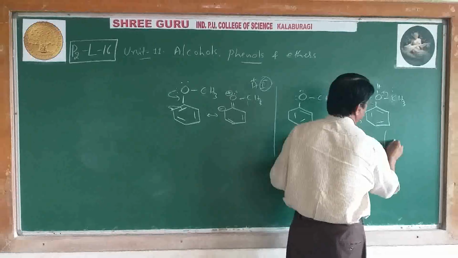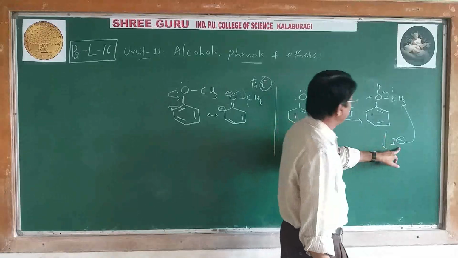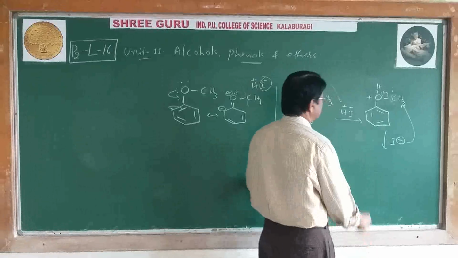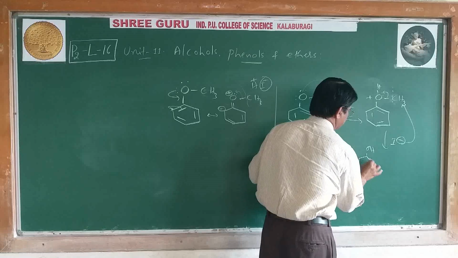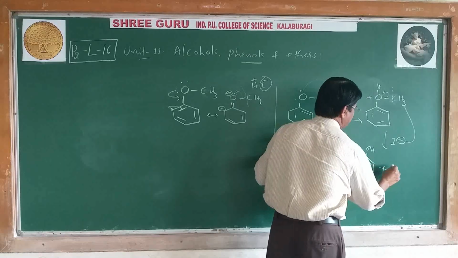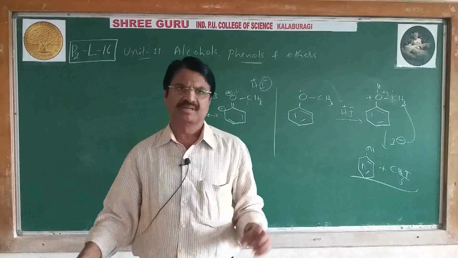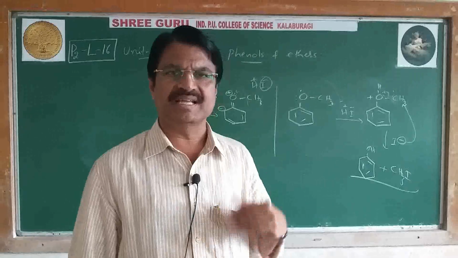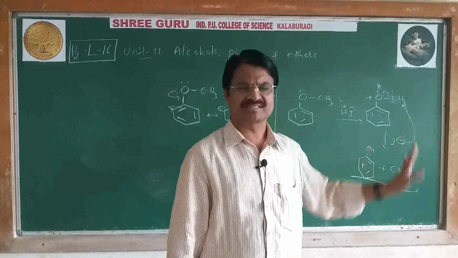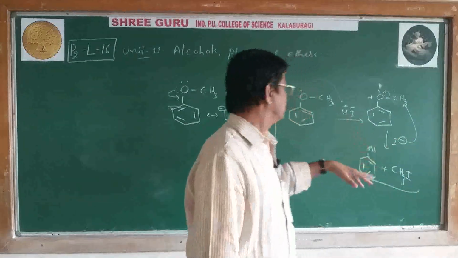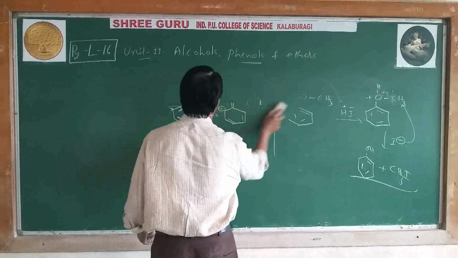Then the I minus nucleophile attacks at methyl plus. Then finally we get phenol plus methyl iodide. Anyway, remember, alkoxybenzene reacts with hydrogen iodide to form phenol only, plus alkyl iodides: methyl, ethyl, propyl. That is very important. So this is an important part. Remember this.